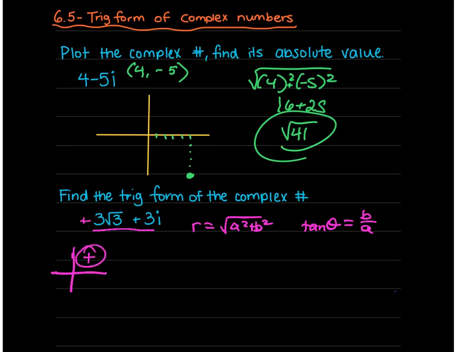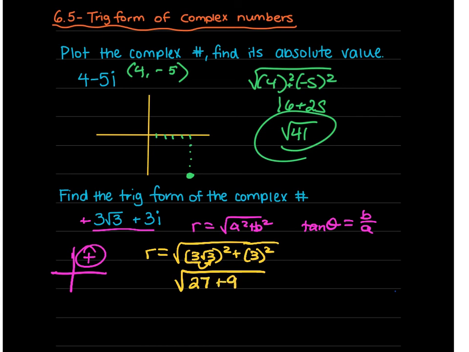So I know the positive and positive ends up in the first quadrant. Now the radius would be the square root of root 3 squared plus 3 squared. 3 squared is 9 times the square root of 3 squared, which is 3. That's 27. Plus 3 squared, which is 9. And I get the square root of 36, which is 6.